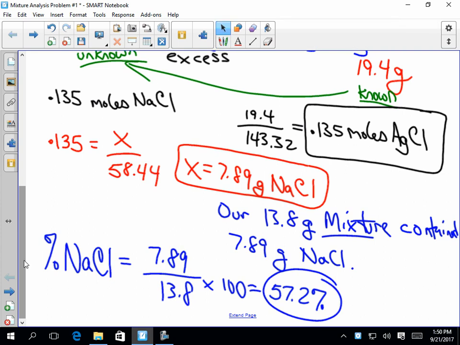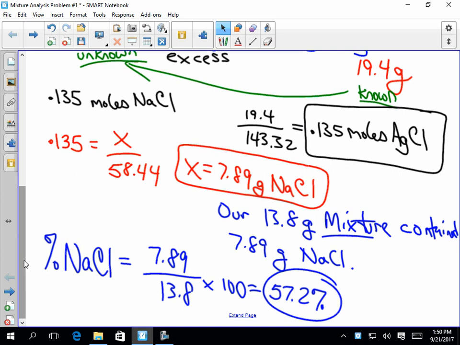Okay? 57.2% was this component. If I know how much NaCl is, we know that the two different components have to add up to 100%.